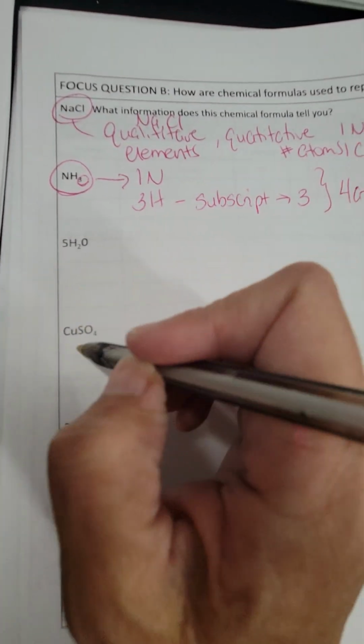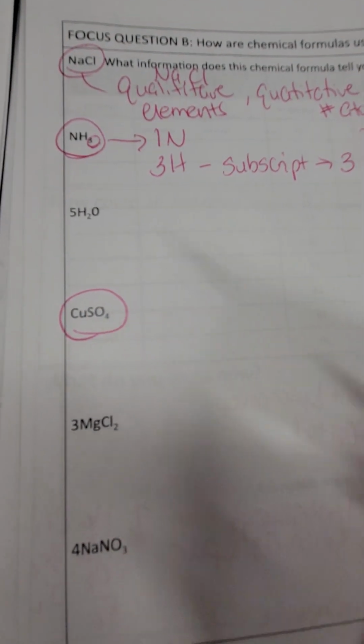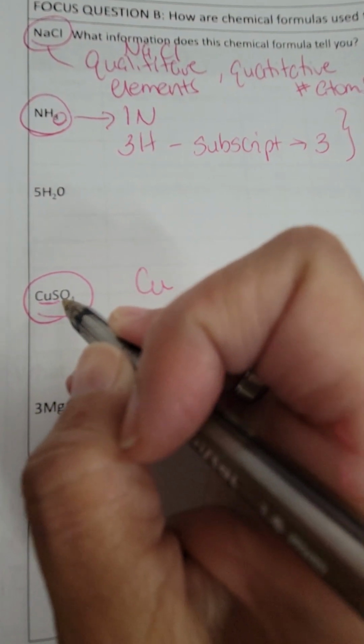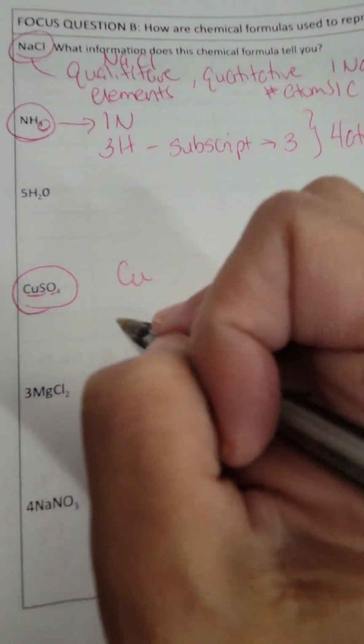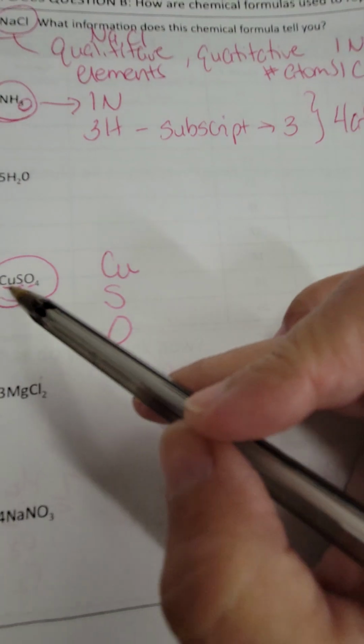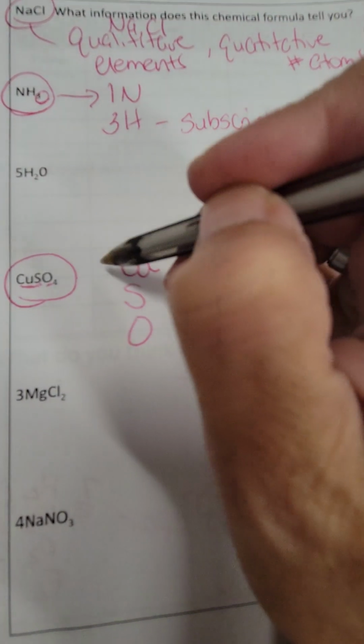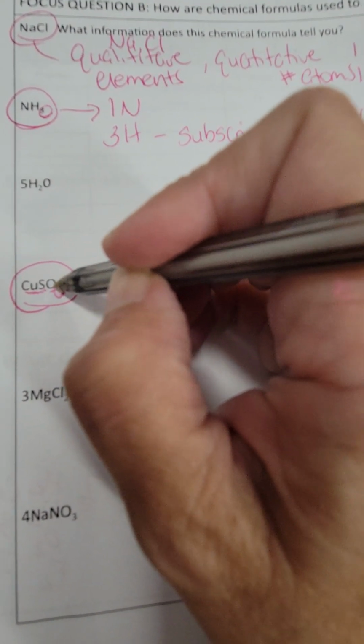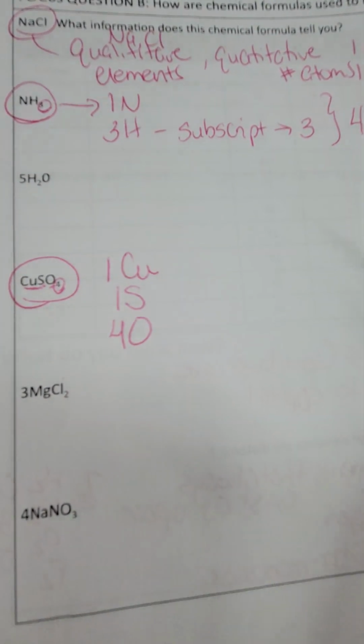We're going to come down to copper sulfate. So Cu is one of the elements. That's copper. And then notice that the S is capital and the O is capital. So that means we have sulfur and then we also have oxygen. There's only one copper, one sulfur, and then this little 4 goes with the O. So there's 4 oxygens.